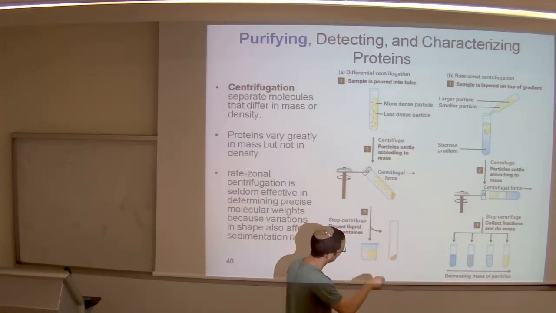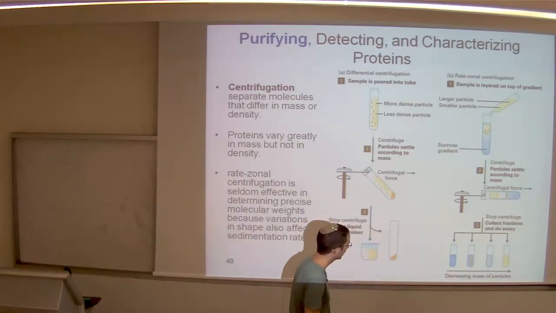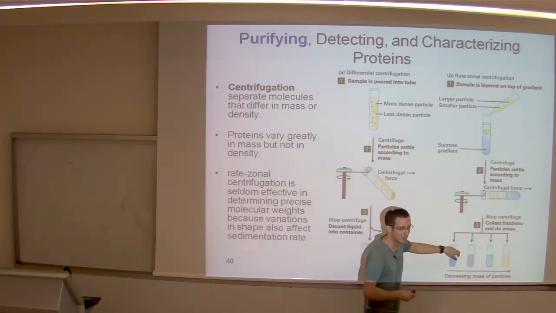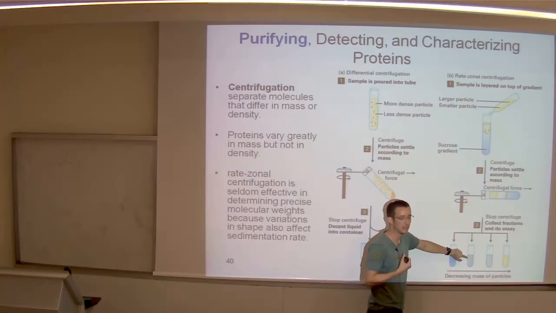So this is a more dense matrix than more towards the opening of the test tube. And you'll centrifuge it in so and so G-force for several minutes. It's maybe a bit counterintuitive, in the sense that the larger the protein, the bigger the force that it will oppose the sucrose gradient, and the more towards the bottom you'll find this protein.